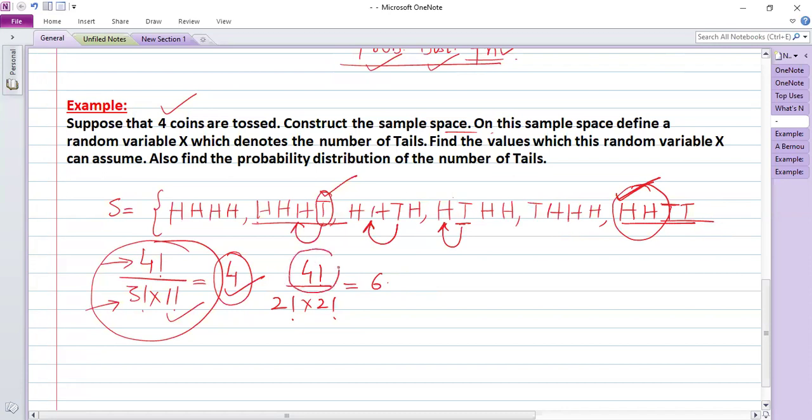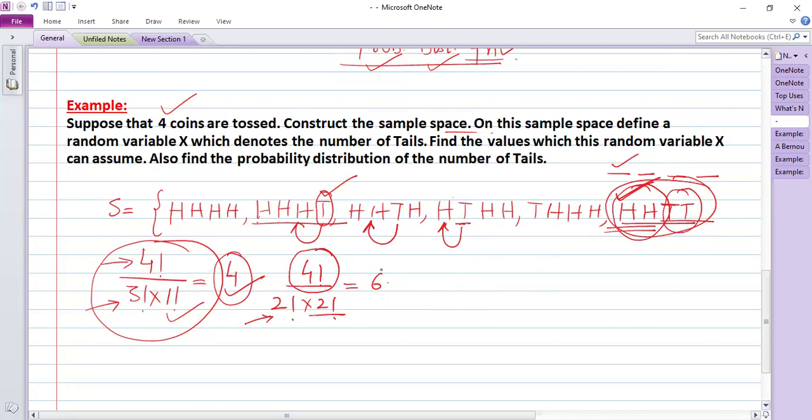Why 4 factorial? Because 4 letters are there, to be arranged in 4 positions in a straight line. Why divide by 2 factorial? Because 2 are the same. And again, why another 2 factorial? Because the further 2 entries are the same.